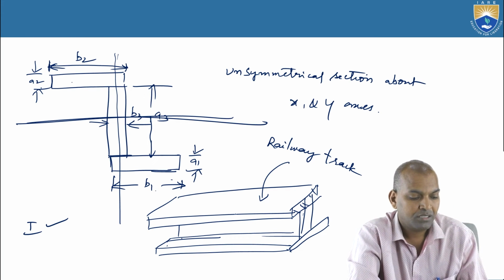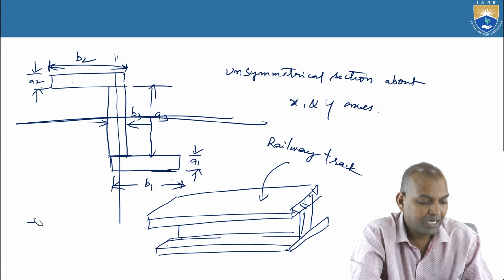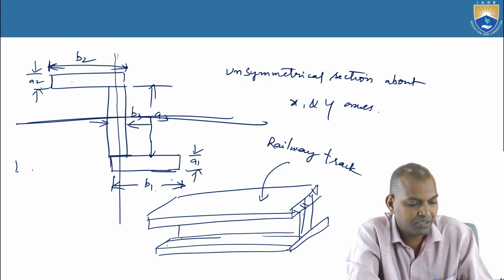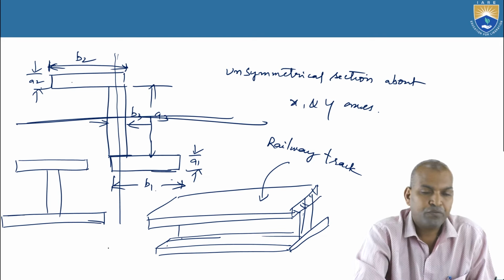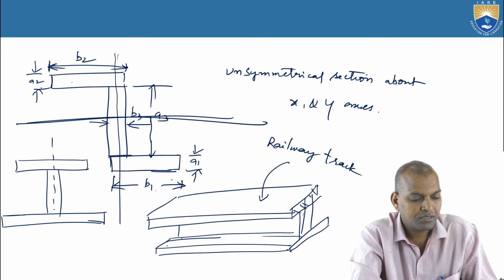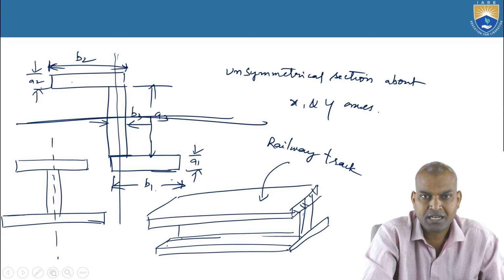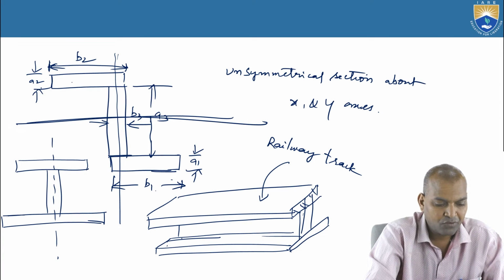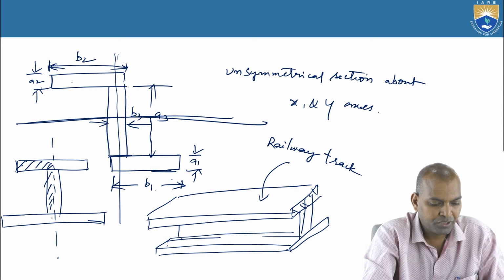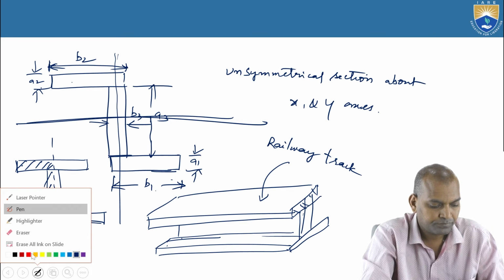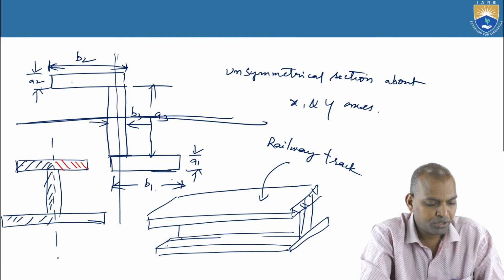And if we consider the symmetrical I section, if you fold about the vertical axis, then the left side and right side are the same. Whatever portion is on top here, the same portion you can observe on the right side. It is the same geometry.